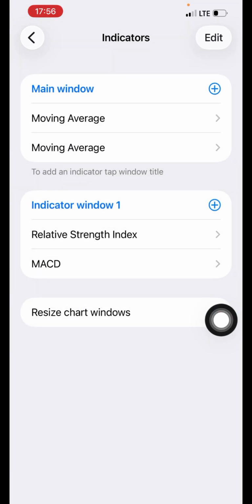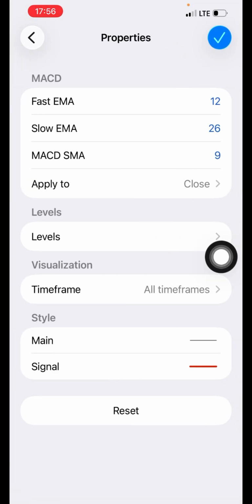Then lastly we have the MACD as our last indicator. For you to add the MACD, you are going to be clicking on the indicator window 1 plus icon here. You search for your MACD. These are the properties for the MACD. The fast EMA is 12, slow EMA is 26, MACD SMA is 9. The apply to is close, the level you leave as it is, time frame is all time frames.